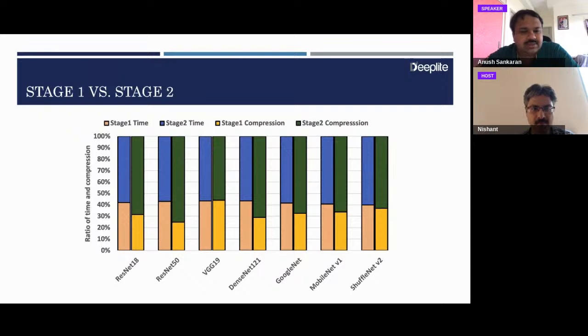And this is the comparison between stage 1 and stage 2, which I've already explained in my previous slide. Roughly 40% compression is achieved in stage 1, and the remaining 60% of compression can be achieved in stage 2. Also, the time taken for stage 1 is only 20 to 30% of my overall time, right? So it's basically about how much time you have.